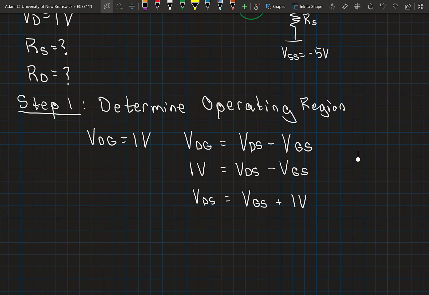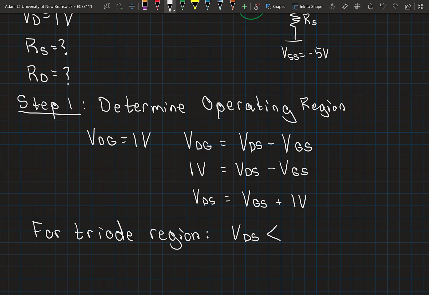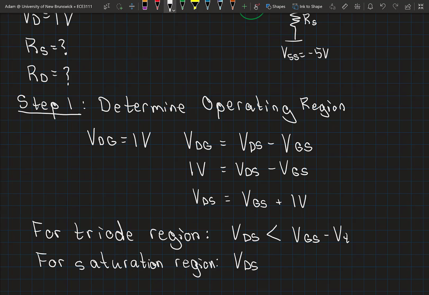We know that for operation in the triode region, my drain to source voltage is going to be below my overdrive voltage, and for operation in the saturation region, we know that my drain to source voltage needs to be greater than my overdrive voltage.